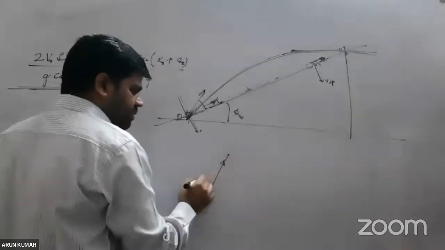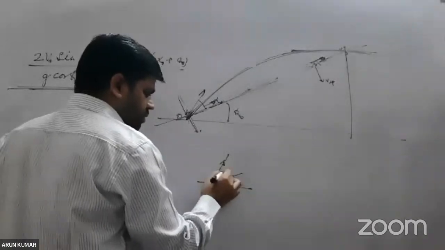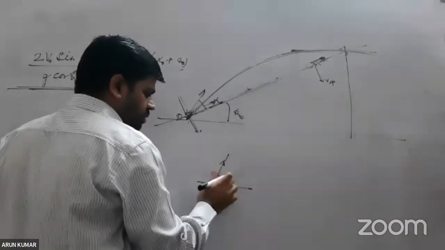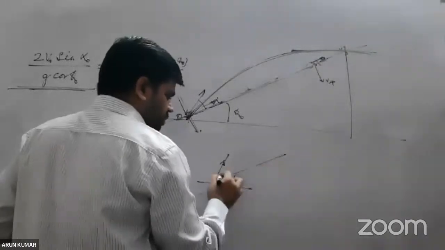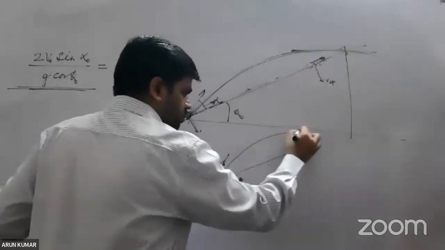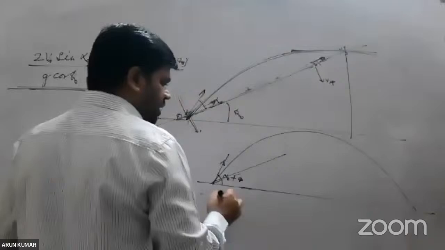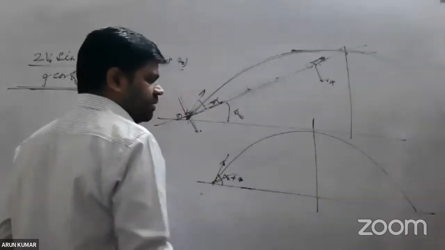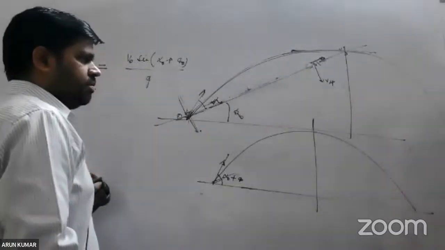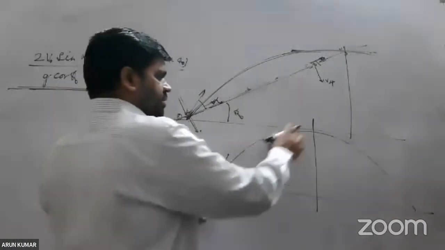If I have a projectile like this, at an angle of, let's say, 60 degrees, or some angle, which is alpha naught plus theta naught, how much time does this particle take from here till it reaches maximum height?